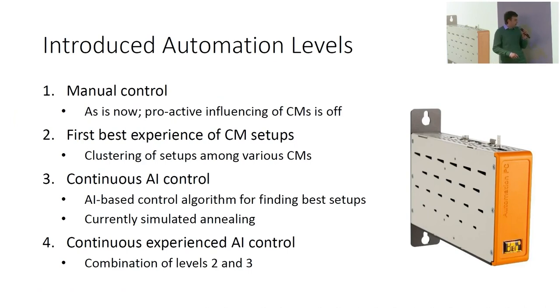Then we have the third level, called continuous AI control, which is based on continuous monitoring of the machine and trying to slightly fine-tune the setup by slightly modifying some of the values.